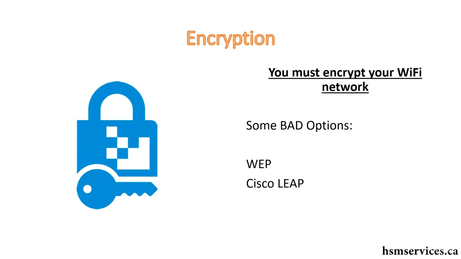There are some options you should not use, like WEP or Cisco LEAP. They've been cracked. The other options that I told you are probably going to get cracked soon too, because everything gets cracked eventually, and then they come out with something better. So it's important to use the best available technology that's been proven to work.